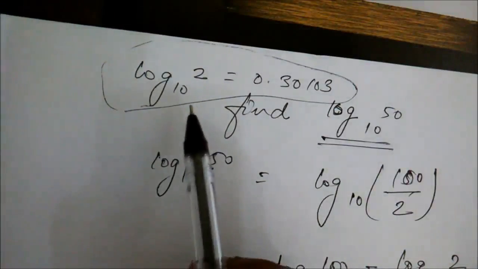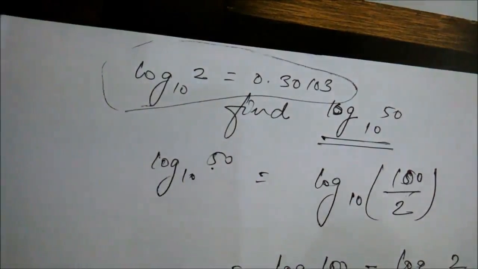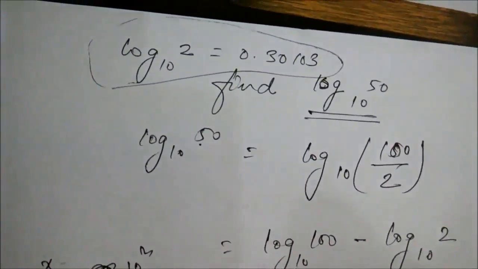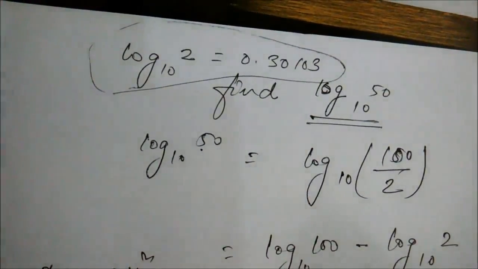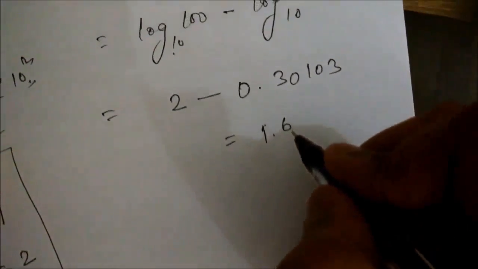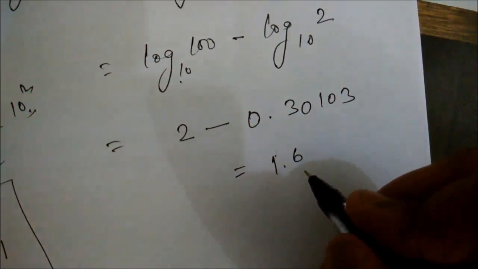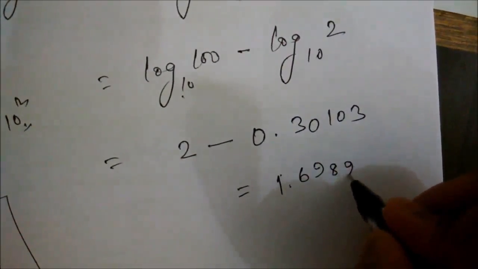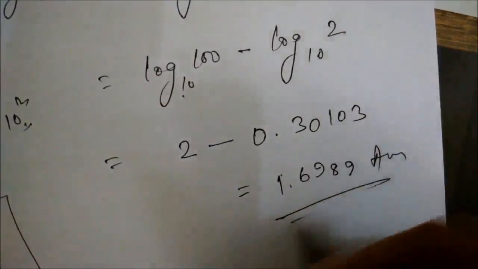Remember that we have got the value of log 2 to the base 10, so 2 minus 0.30103, which will be the final value for this. It will be around 1.6989 something. This is the final answer.